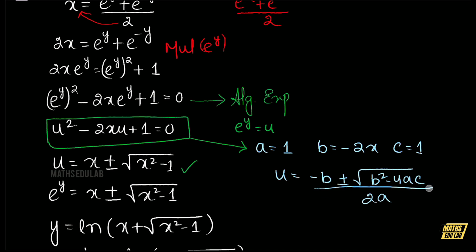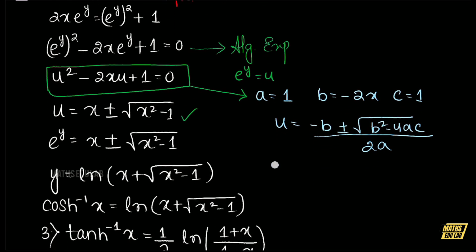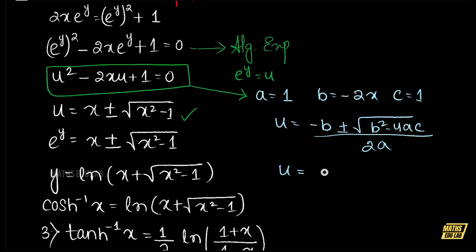Then on substituting the values, we get u is equal to 2x plus or minus root over 4x square minus 4 upon 2, similar to the previous question.